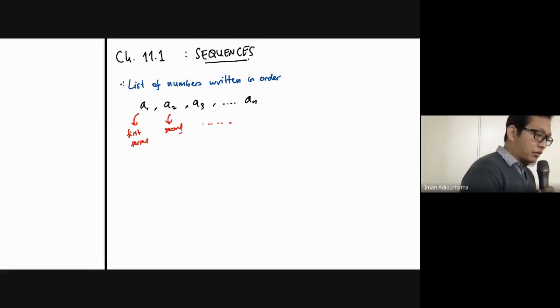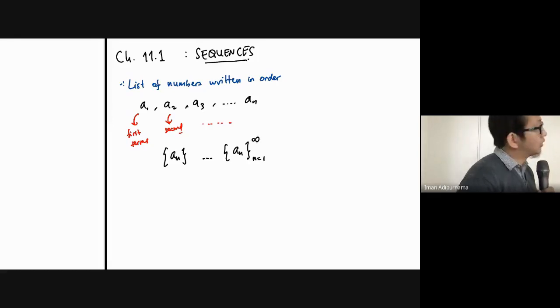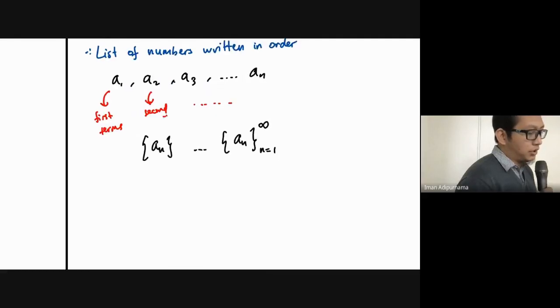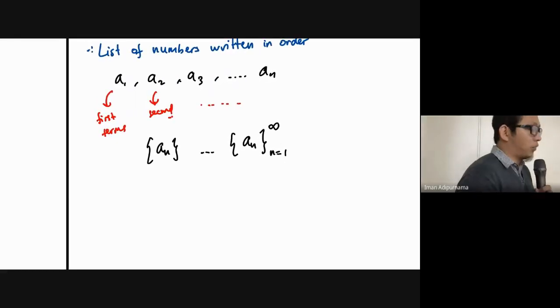And we can also write all this list this way, or this is also commonly used. But usually the left one is commonly used in your textbook.